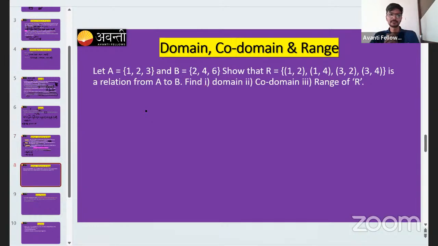Again, these are some questions. Let set A and set B be given, both with 3 elements, and I have a relation 1, 2, 1, 4, 3, 2, 3, 4. I have to show that the relation R is defined from set A to set B. If you remember, a relation is defined as a subset of the Cartesian product.